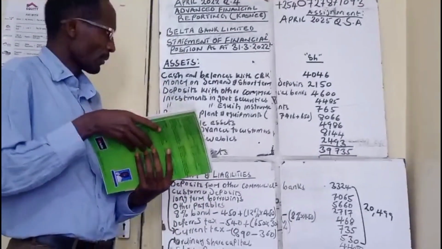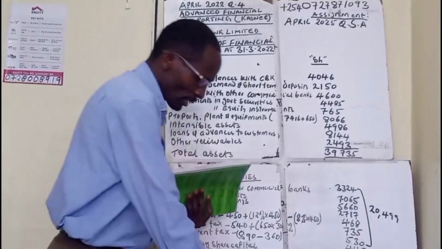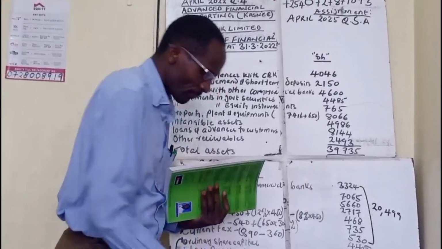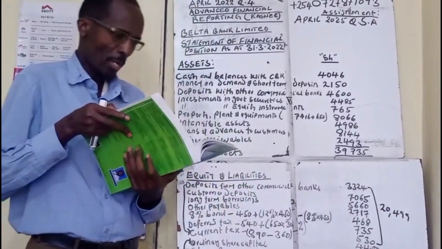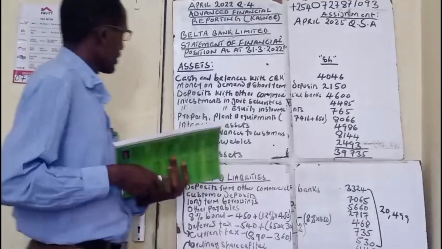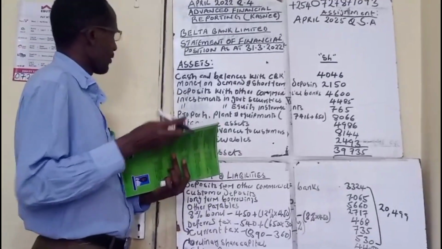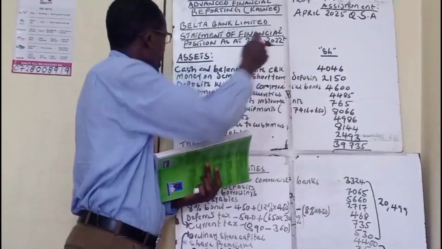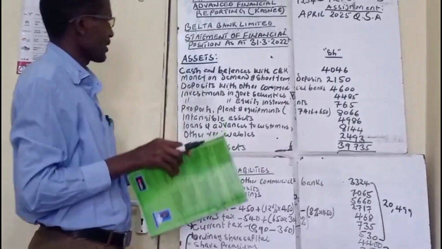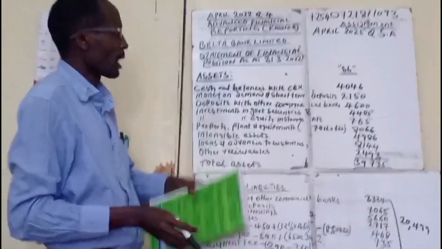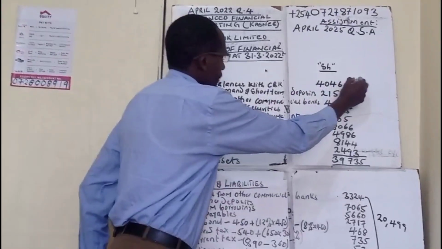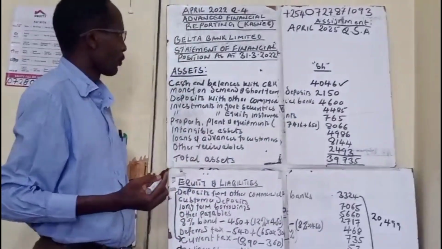Now, from the solutions that we have, if you compare with your past paper question, we started with cash and balances with Central Bank of Kenya. The figure is 4046.